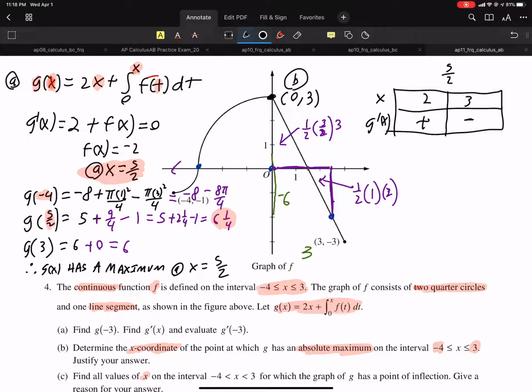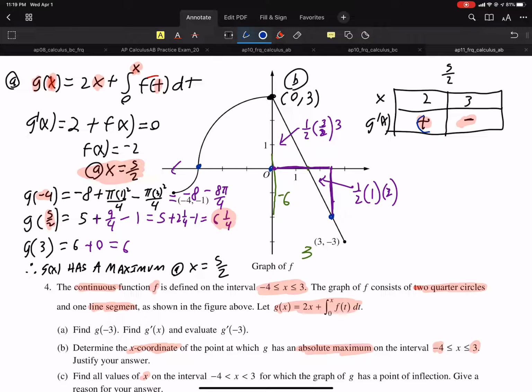If you guys remember this, this saves you a lot of time and a lot of effort on a lot of problems. Not a lot, on some of these problems. If you only have one critical point, that critical point must be an absolute max or an absolute min if your derivative changes signs. Because think about this logically.